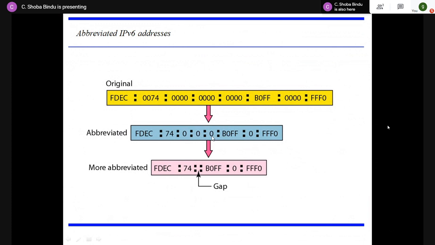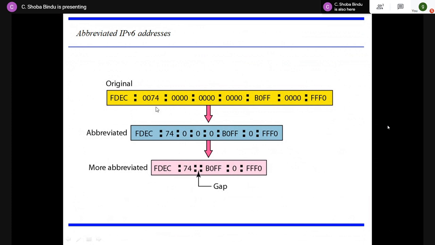Even the consecutive zeros may be taken off over here, where between two colons you introduce a gap if you have a larger number of consecutive zeros. When you want to get back the address, you just count how many 16-bit groups are there. So this is 1, 2, 3, 4, 5.